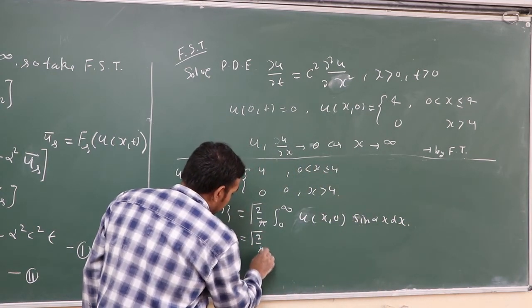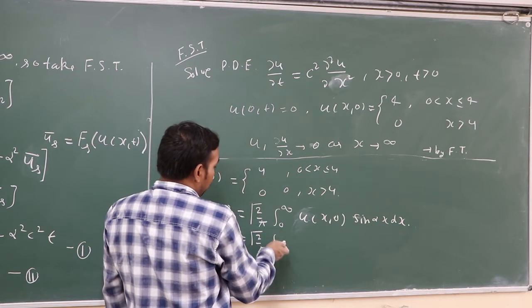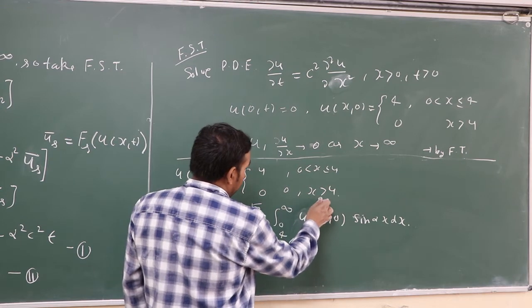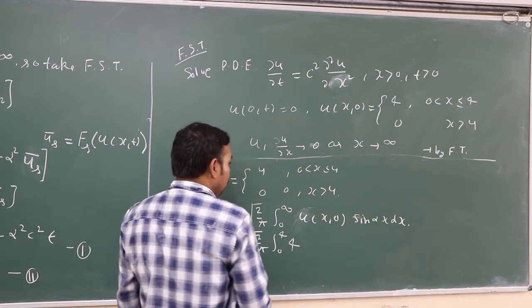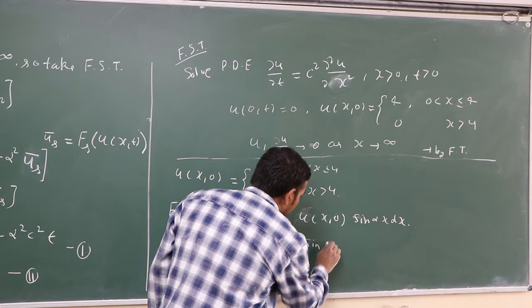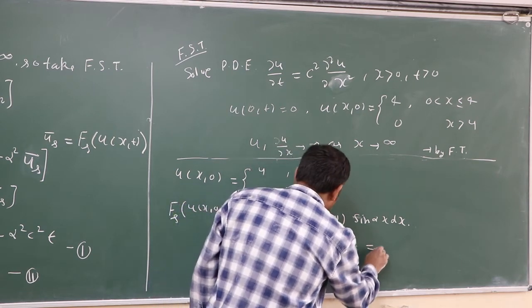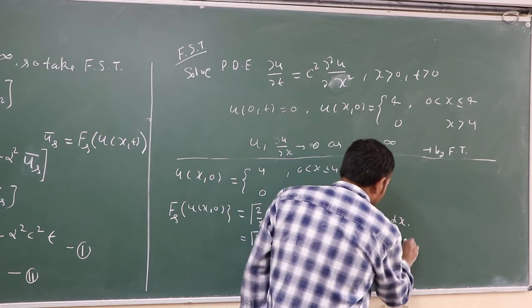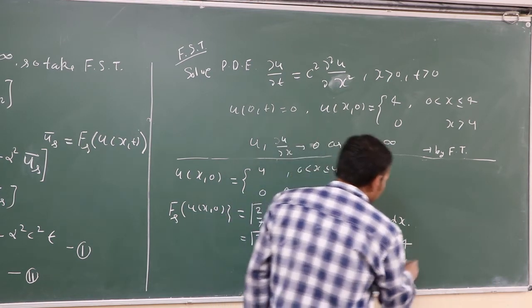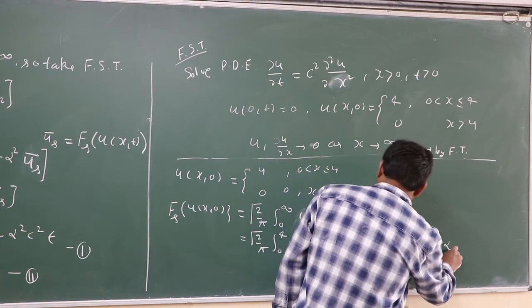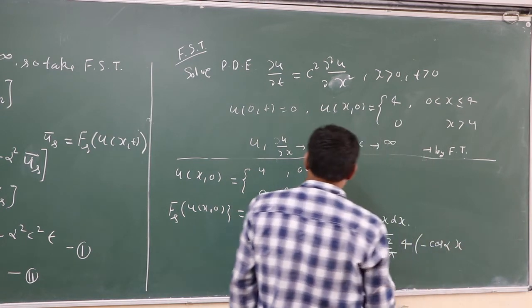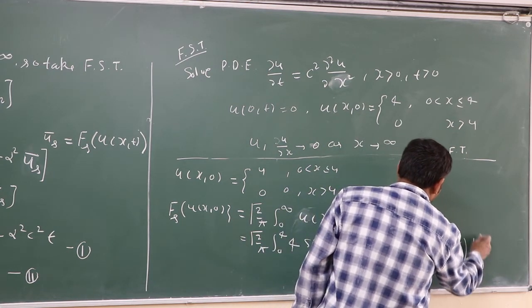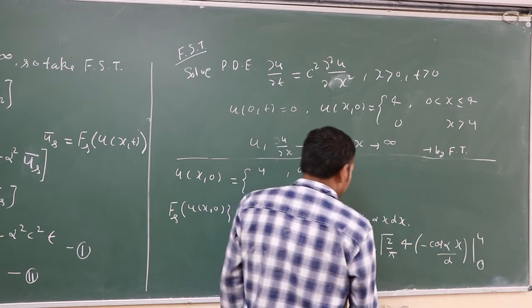For 0 to 4 the value is 4, and for 4 to infinity it is 0, so no need to write it. We simply get under root 2 upon pi, 4 outside, and the integral of sine alpha x, that is minus cos alpha x upon alpha, with limits 0 to 4.